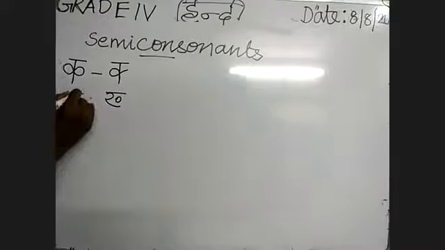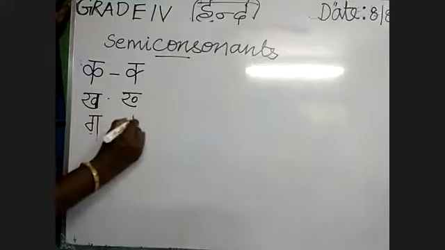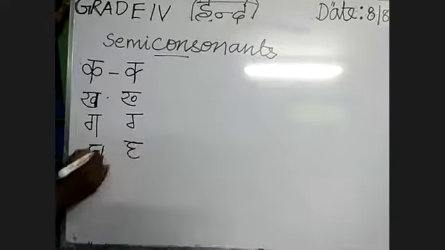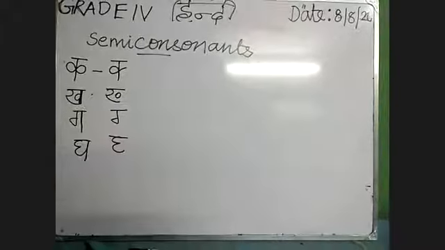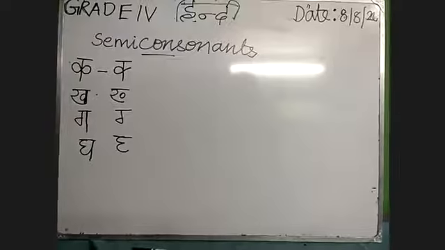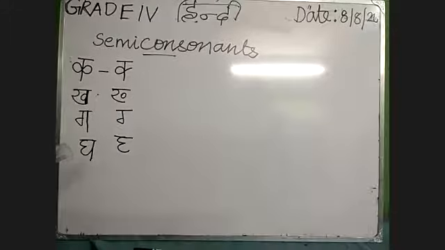And then ik. This is ka. We want to write G. Is it here or here?